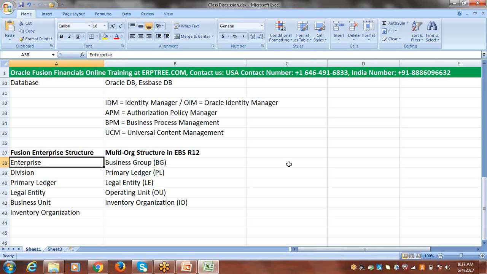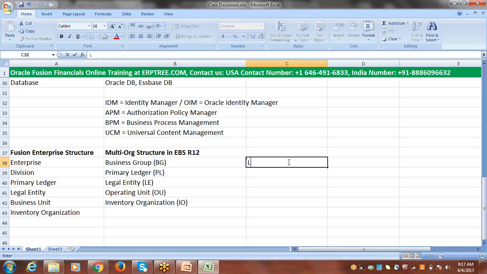Within the enterprise we have the legislative data groups concept, which is specific to a country. This is to manage your HR and payroll related information and processes under respective controls.